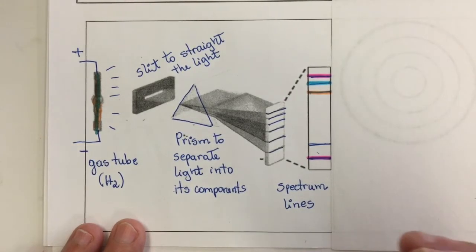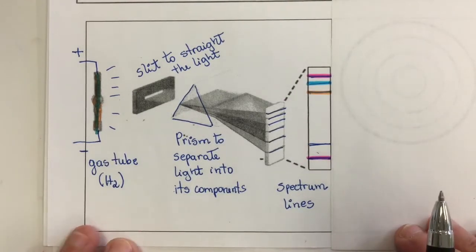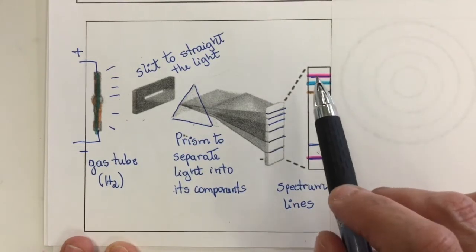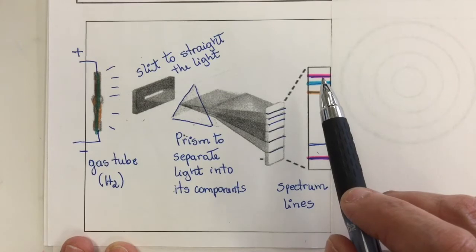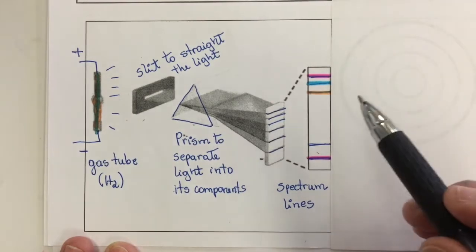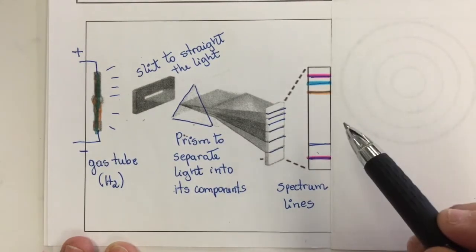And this will be proved by the spectral lines, because each color will be represented by a specific amount of energy due to its wavelength and frequency.